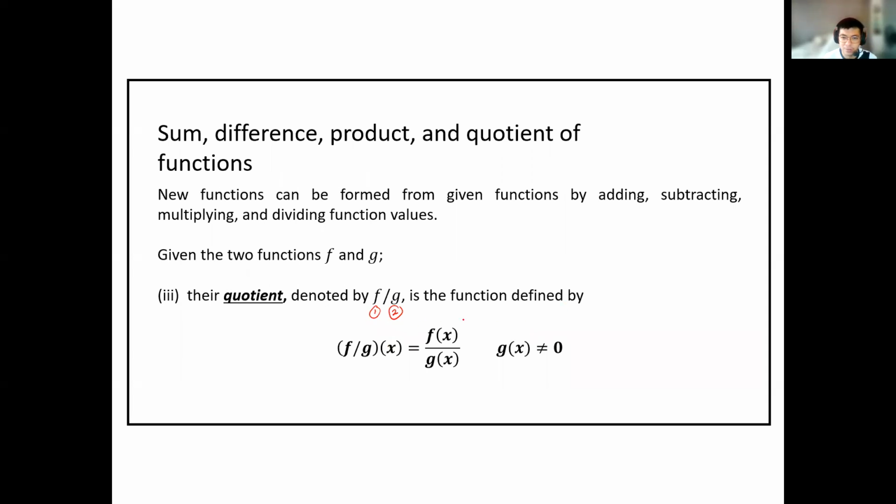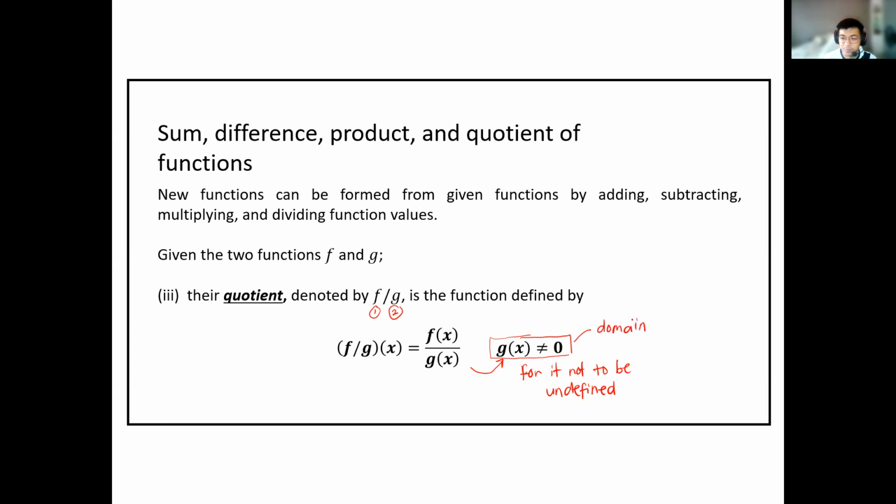In the quotient operation, we just have to take note that the denominator must not be equal to 0. Why is that? Because any number divided by 0 is undefined. For it not to be undefined, we look at what we call the domain of g of x.